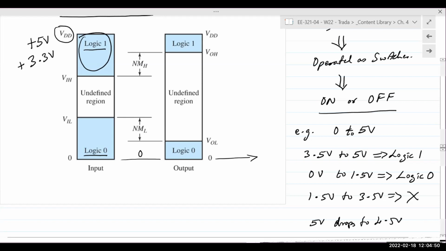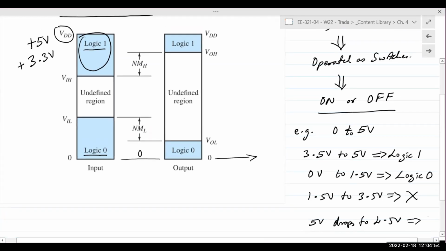Well, if it drops to 4.5, your noise margin still allows this to be recognized as digital logic high or digital logic 1. Okay, and so hence a drop in the voltage does not translate into lost information.